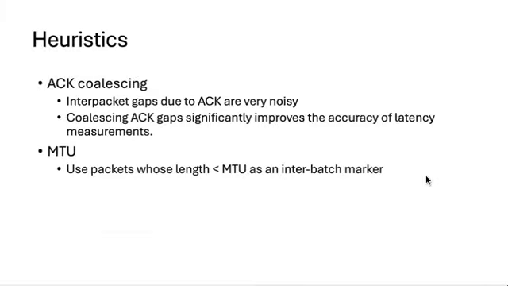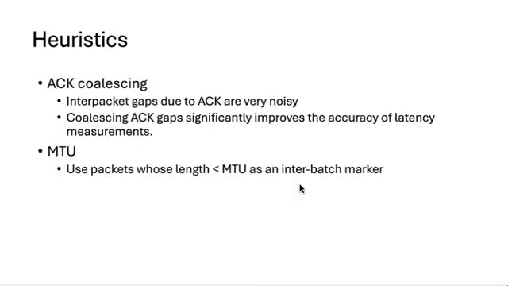In addition to the new scheme of maintaining a distribution, we also use 2 heuristics to reduce the error in our measurement. The first one is ACK coalescing. Interpacket gaps due to the acknowledgements are very noisy. So we omit the interpacket gaps due to the acknowledgements and include only the interpacket gaps due to the data packets.